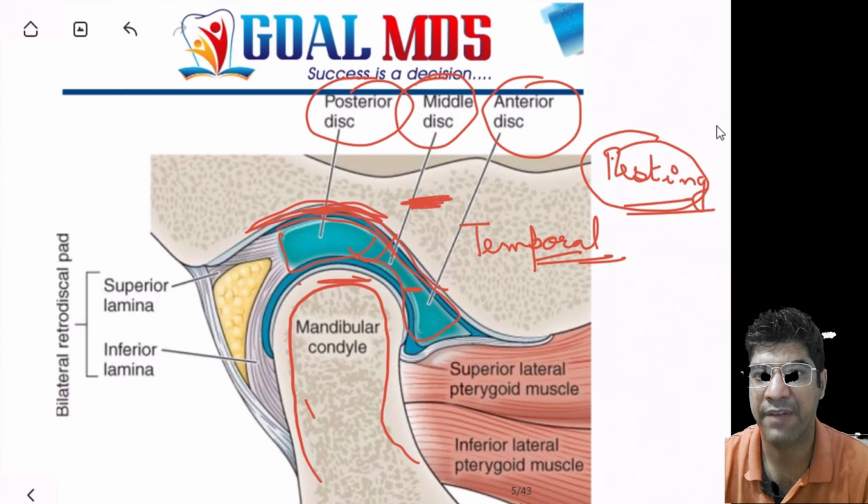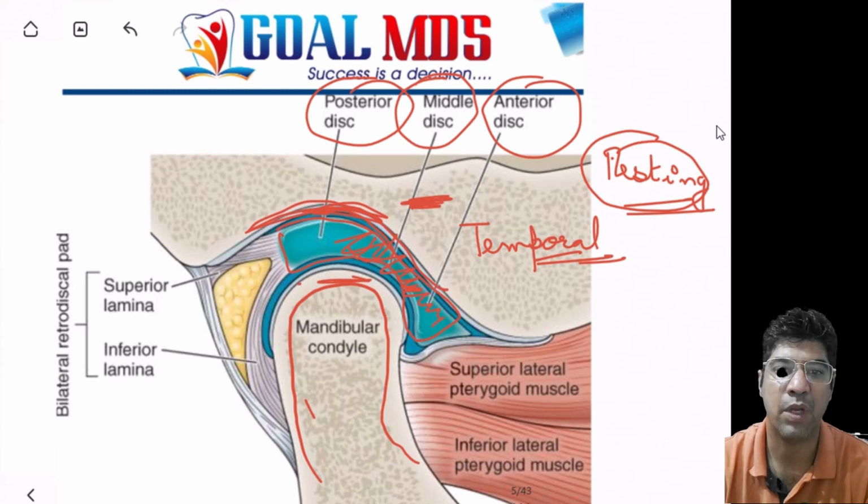It will act as a cushion and separate these two components, that is the condyle from the mandibular fossa.